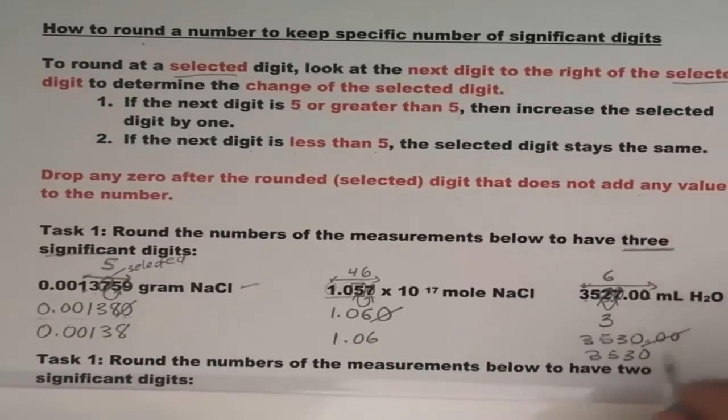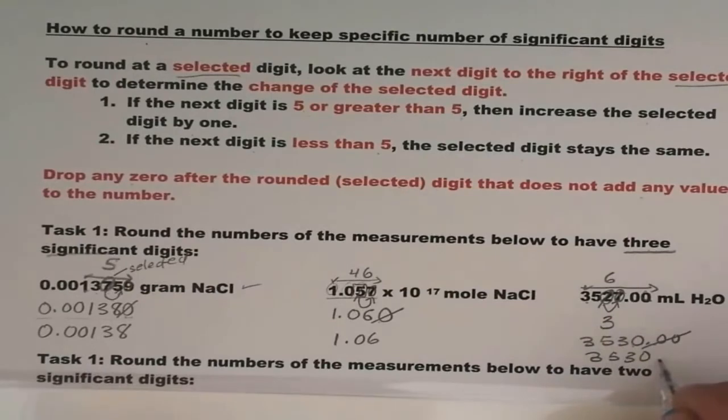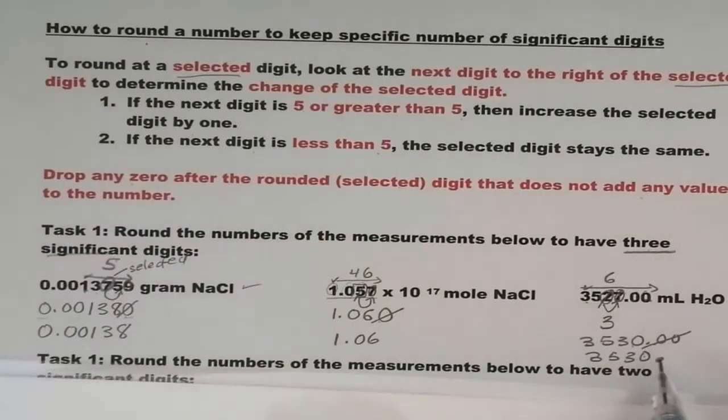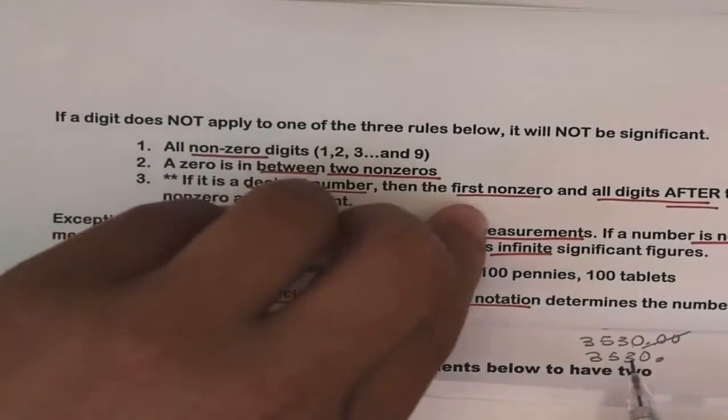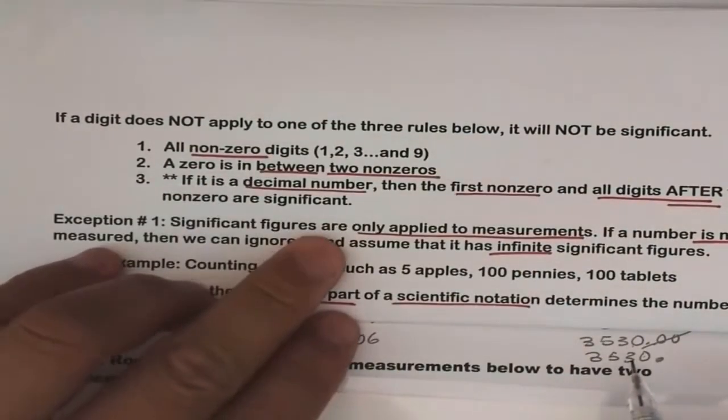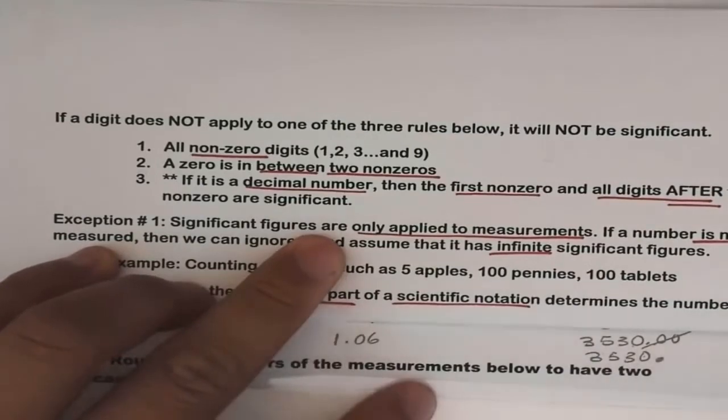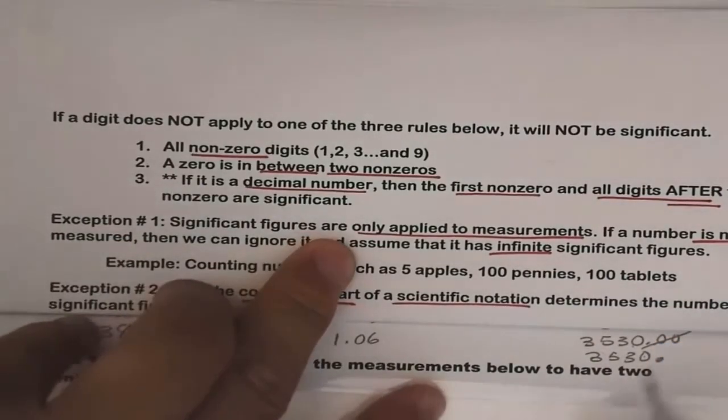So what we have here is 3530. But do I keep the decimal? If I keep the decimal, how many sig fig am I going to have? 1, 2, 3, 4. Going back to the rule, for a decimal number we start from the first non-zero and count all the digits after that non-zero. So if we keep the decimal, it will become 4 sig fig.